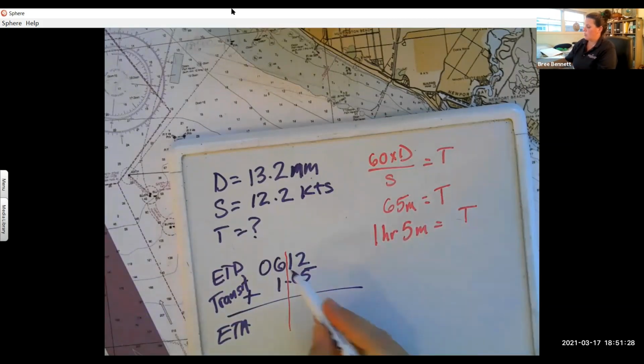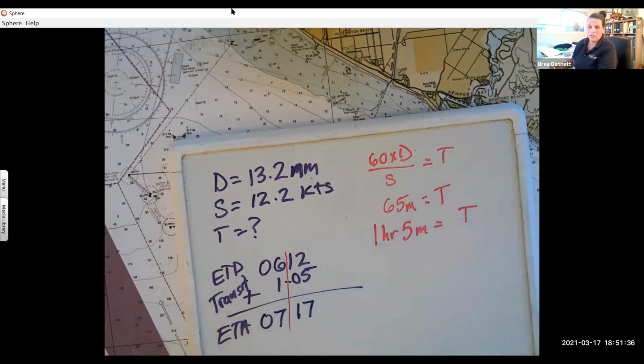So we have 12 plus 5 gives us 17. 6 and 1 gives us 7. So we have an ETA of 7:17.